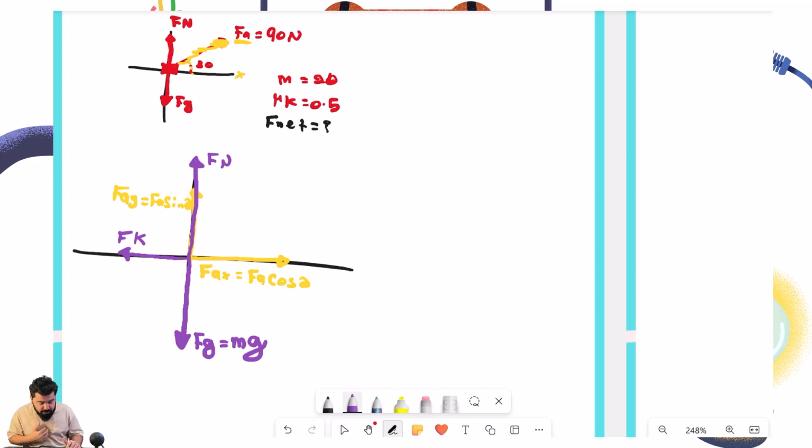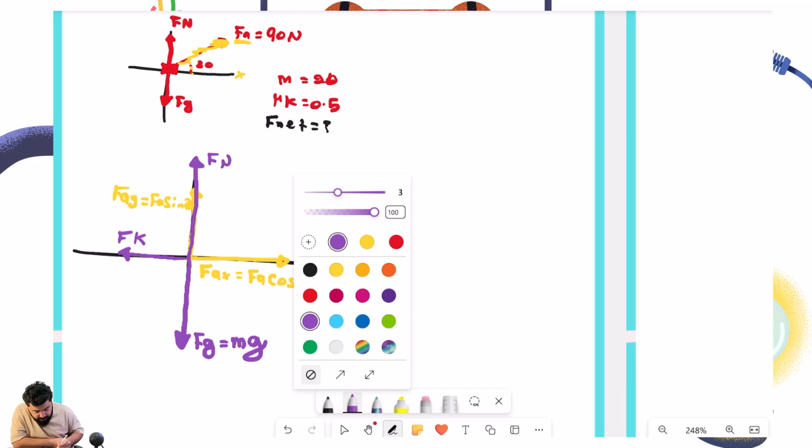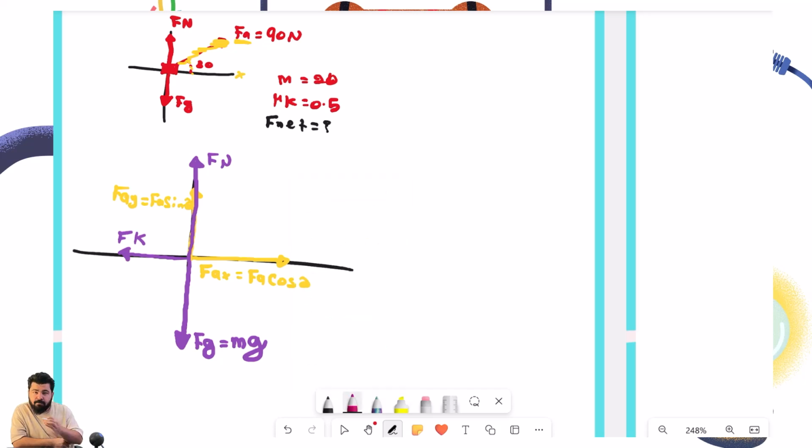Now, how can we find the net forces on this object? Please, whenever you have a question like this, the first thing you should do is find the normal force on this object. In here, we don't know the normal force, but we can find it very easily.